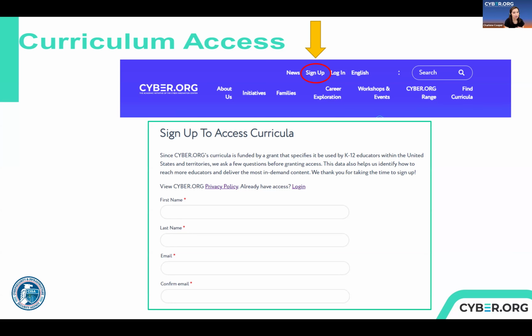And then you're going to receive by email your credentials to log in. And right next to where it says sign up, you see log in, and you'll click on that and enter those credentials. Once you get in, we do encourage you, of course, to change your password.